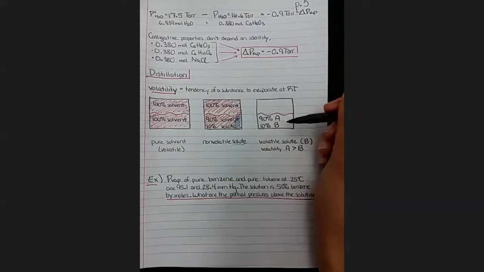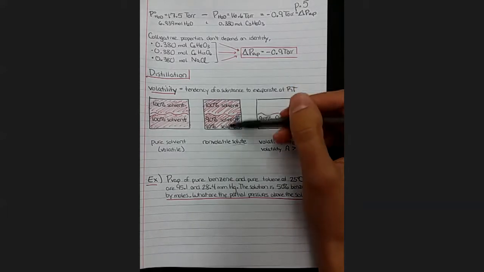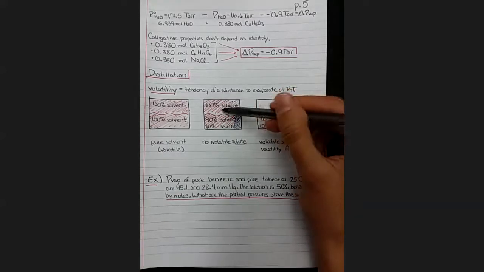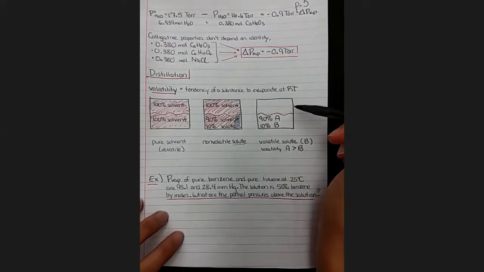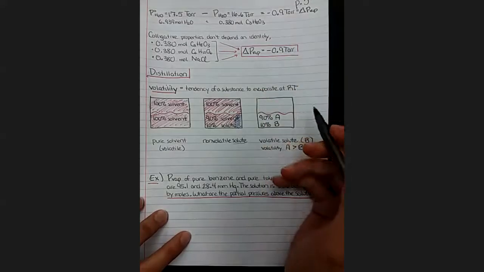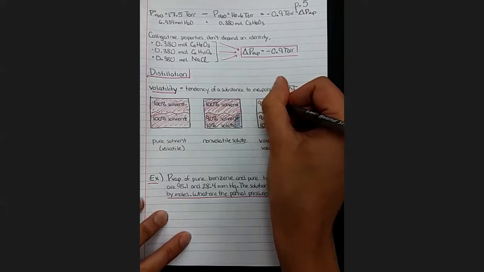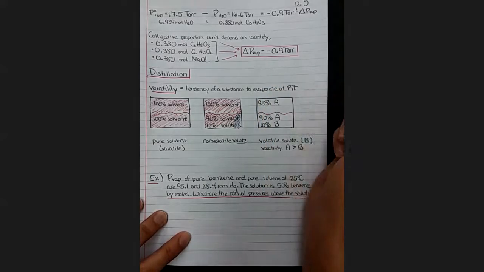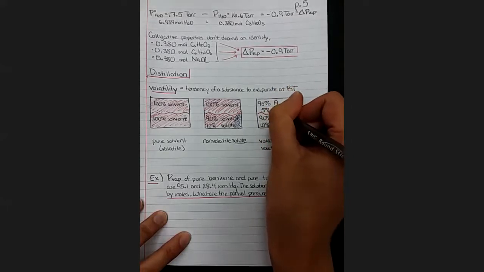Now, this picture is going to look different than the non-volatile. In the second picture, the non-volatile solute didn't contribute to the gas phase at all. In this case, because both of them are volatile, both of them are going to be present in the gas phase. But what we learn through Raoult's law is that the more volatile component, A, is going to make up a larger fraction of the vapor phase than the less volatile compound.